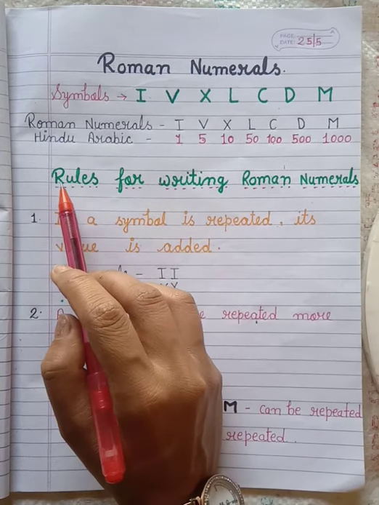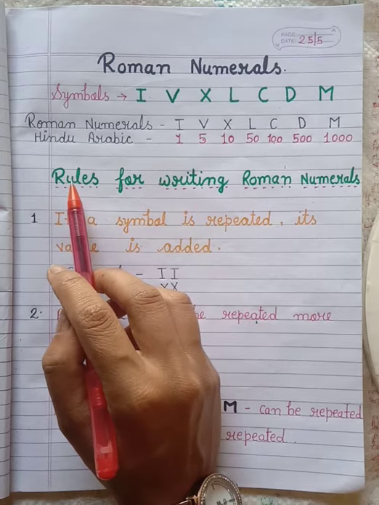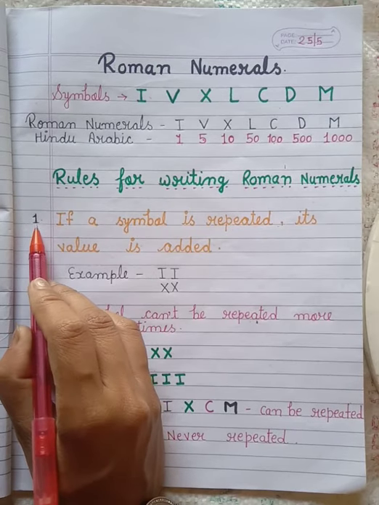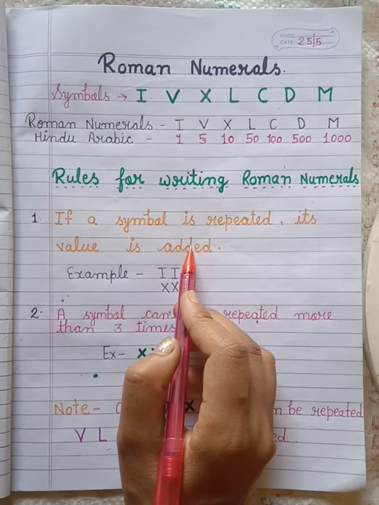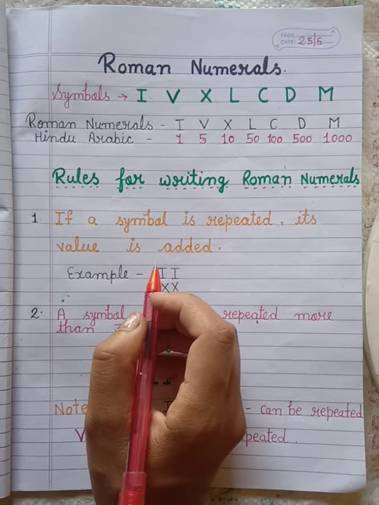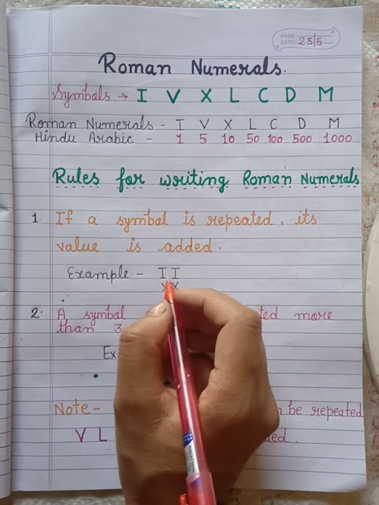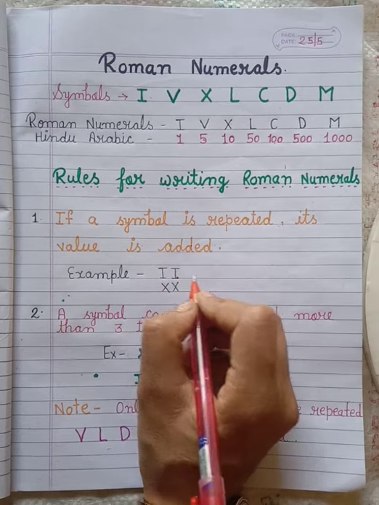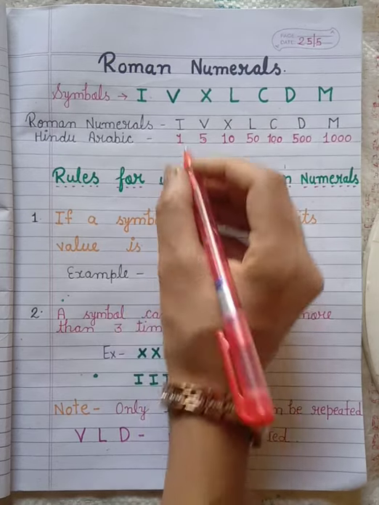There are some rules to write Roman numerals. Rule number 1: if a symbol is repeated, its value is added. Let's understand it with examples. Here I have written II.